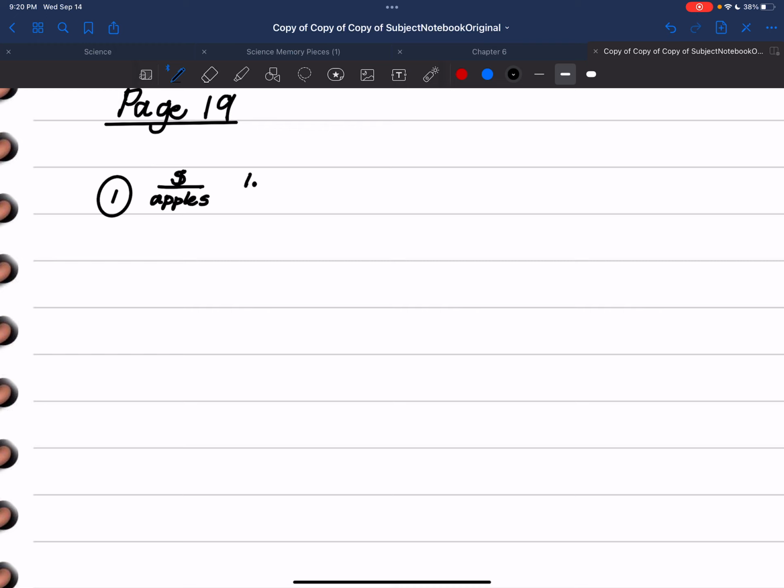That's $1.50 for 4 apples. That is not a unit rate. Gas cost $3.69 per gallon. $3.69 per gallon. That is a unit rate.